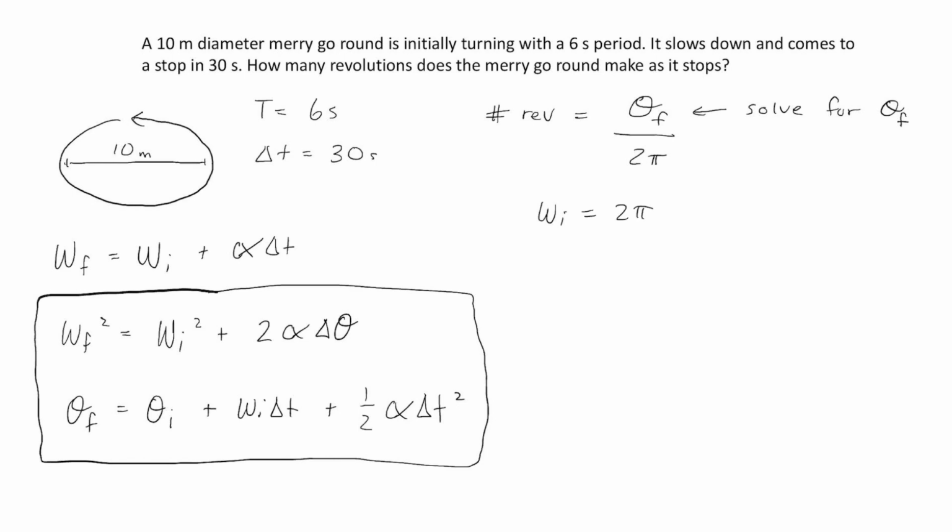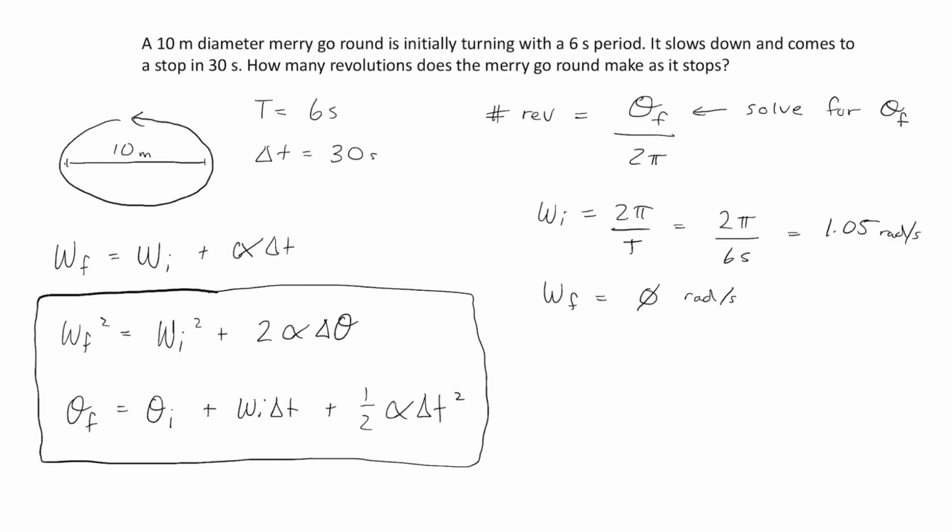And angular velocity is equal to 2 pi divided by T. All I have to do is plug in the period, and we find that the initial angular velocity before the merry-go-round starts to stop is 1.05 radians per second. And we also know the final angular velocity, and that's equal to 0 radians per second because the merry-go-round comes to a stop.